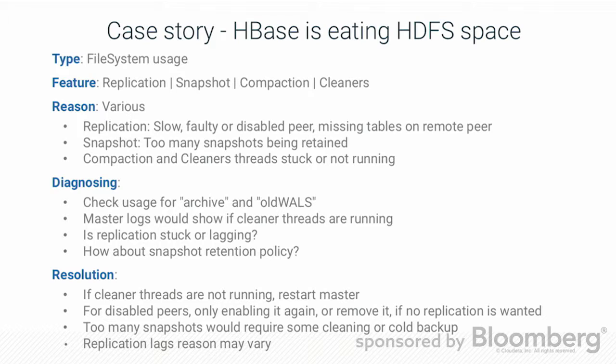For replication lag related issues, there might be many reasons. We saw a few slides back one specific case that was related to an issue on HBase that is mitigated by a fix already provided in some releases.